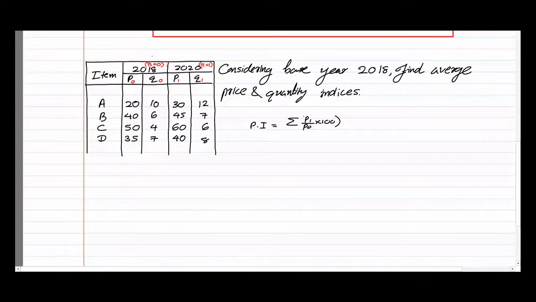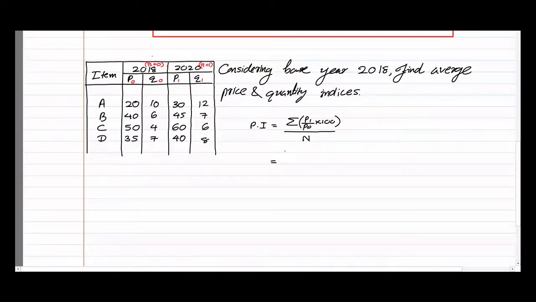So take the first one, A: P1 is 30, divided by 20, P naught. 30 over 20 into 100.